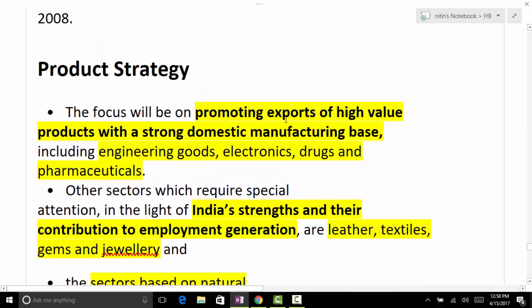Now here we discuss product strategy, promoting exports of high value products with a strong domestic manufacturing base. There are different components. One component is export of high value products with a strong domestic manufacturing base, for example engineering goods, pharmaceuticals, drugs.